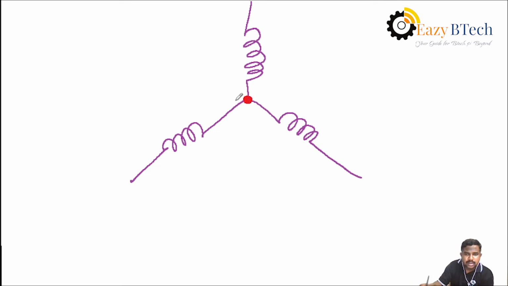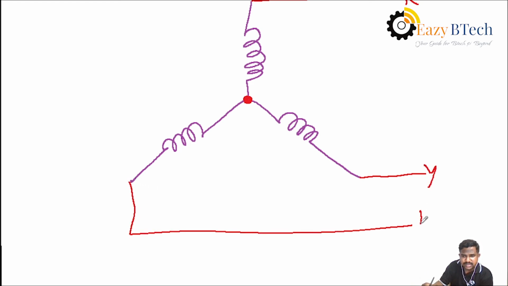This is called R phase, this is called Y phase, and this is called B phase. So this is called star connection. A node is formed.